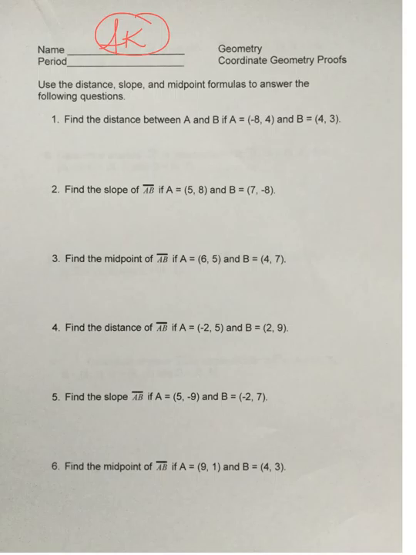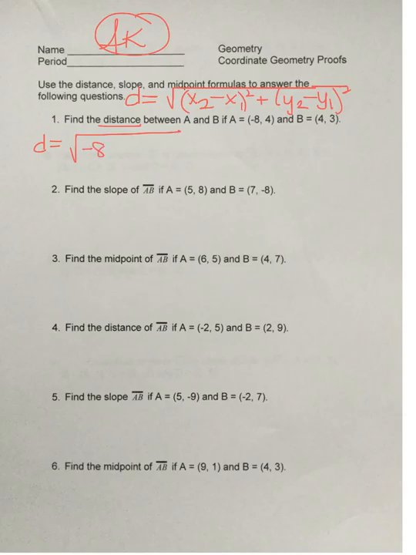So hopefully you remember that the distance formula is equal to the square root of the change of x squared plus the change of y squared. So my two x values are negative 8 and 4. I'm going to plug it into the formula. So negative 8 minus 4 squared plus 4 minus 3 squared, and we're going to do the math.